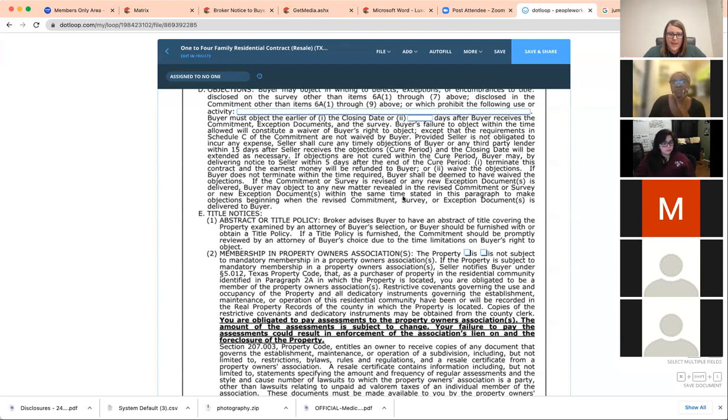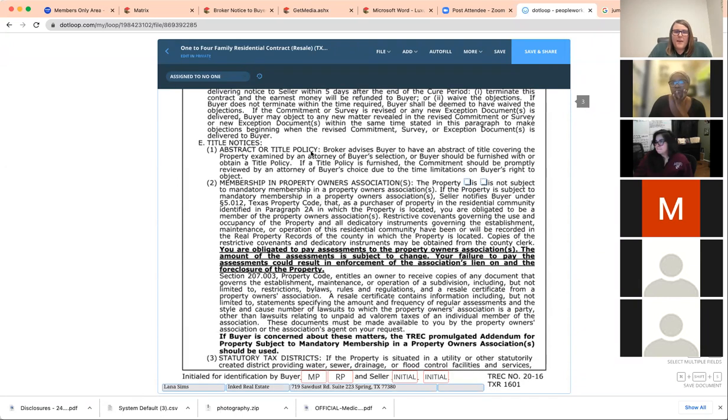But the survey and the deed restrictions are our job to review and make sure that they can put in a pool. If their design doesn't get approved, then that's not on us. But if it clearly says no pools on lot 18 in the deed restrictions, well, you're in trouble if they ended up buying that house.